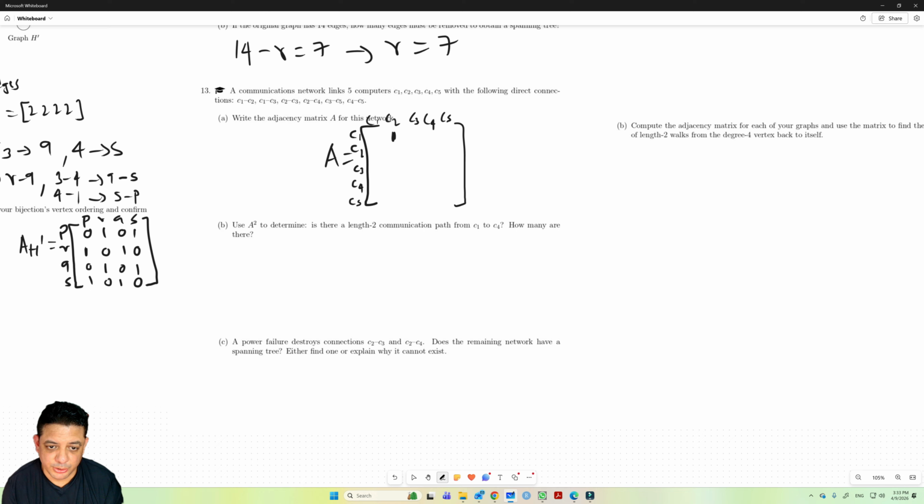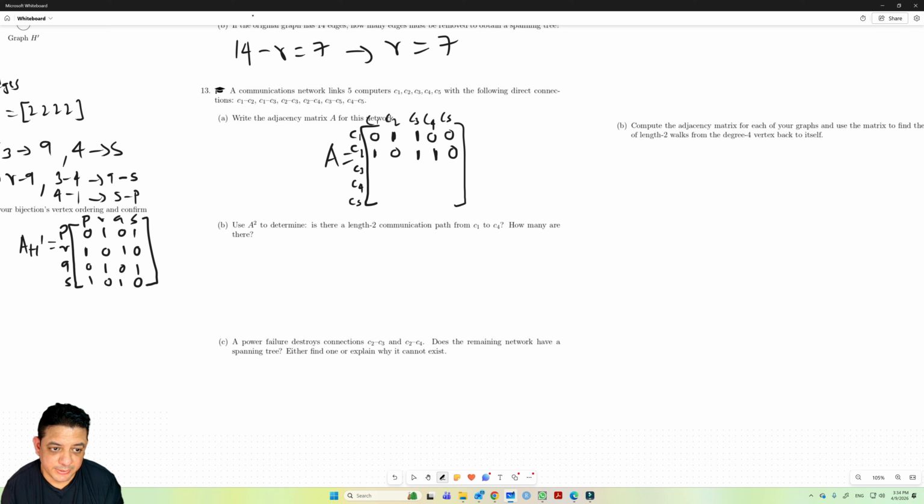C1 is also joined by C3, and then we're going to have 0 otherwise because C1 doesn't join with anything else. C2 joins with C3, and C2 joins with C4 also. And we have that C2 is joining with C1 from before. So that's something that we're going to have in there.